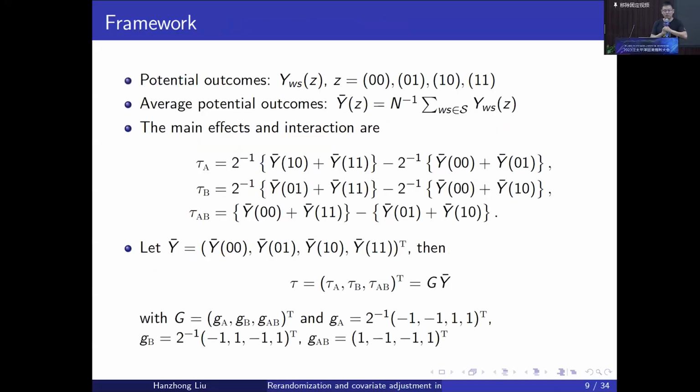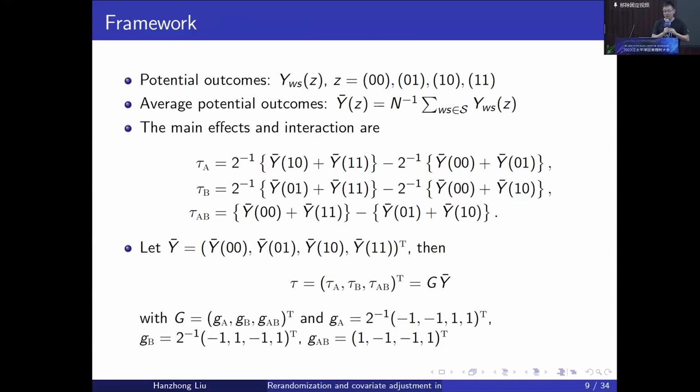We will use the potential outcomes framework to define causal effects. Denote by Y_ws(z) the potential outcome of the subplot ws under treatment combination z, and we use Y bar(z) to denote the average potential outcomes. The main effects and the interactions in split plot design can be defined as linear contrasts of the average potential outcomes.